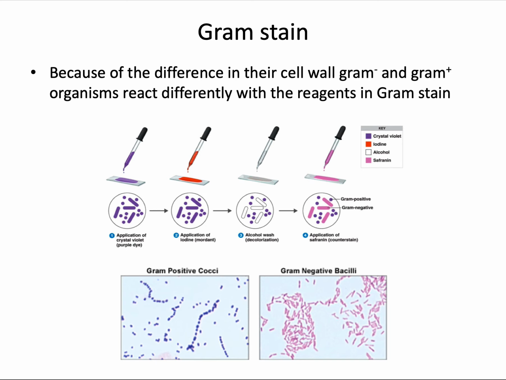We used our understanding and our knowledge of the cell wall of these bacteria to actually separate them. So we have gram staining, and we're able to differentiate gram-positive from gram-negative bacteria by using dyes. So you have crystal violet dye, iodine is added, and so a complex is formed between the crystal violet compounds and iodine.